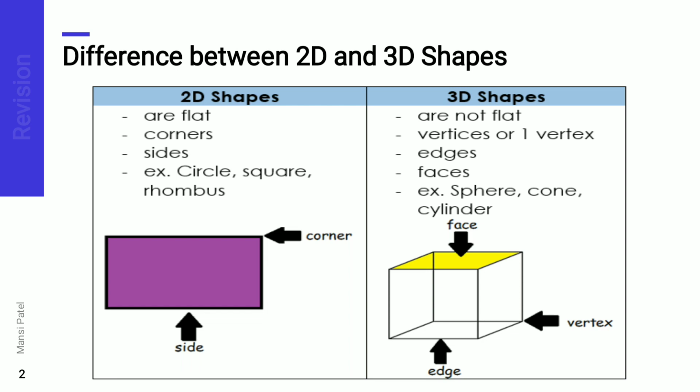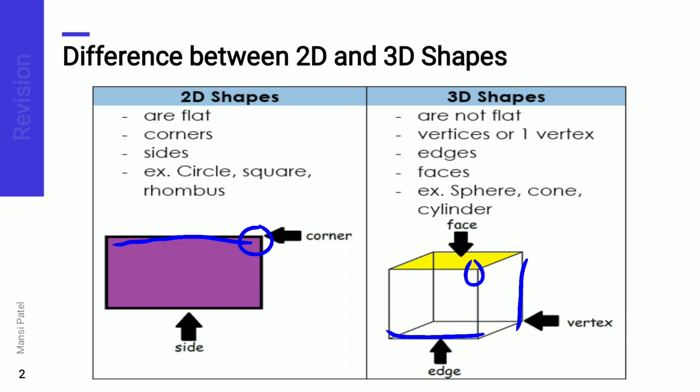Whereas we can say that the 2D shapes have some corners and some sides. As you can see here, this 2D shape has this side, and here this is the corner. Whereas the 3D shapes have edges, some height and vertices, or we can say some faces.